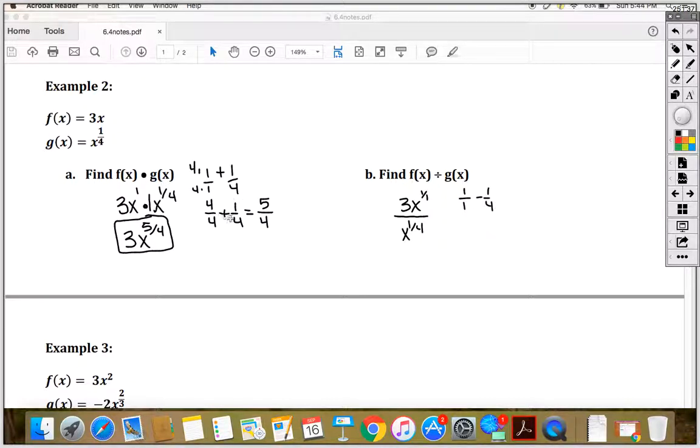And just like with our addition, I have to have the same denominator to subtract. So I know 1 over 1 is 4 over 4 minus 1 over 4 gives me 3 over 4. Now, if there is a coefficient down here, I'd want to try and divide 3 by it, but it's just a 1. So 3 divided by 1 is 3x, and here's my power of 3 over 4.